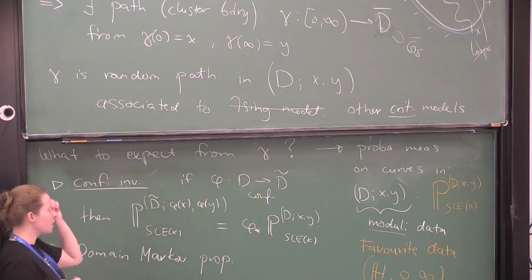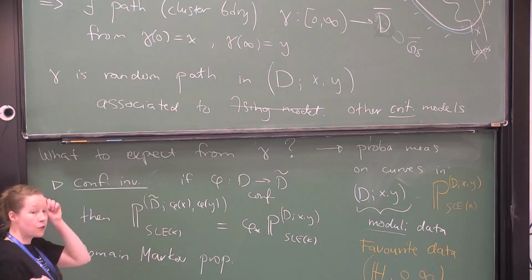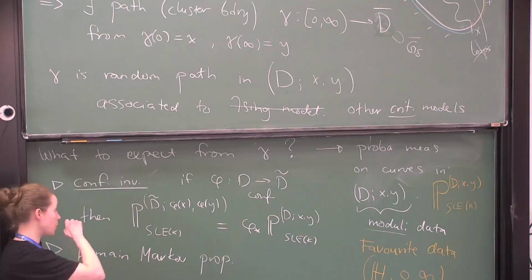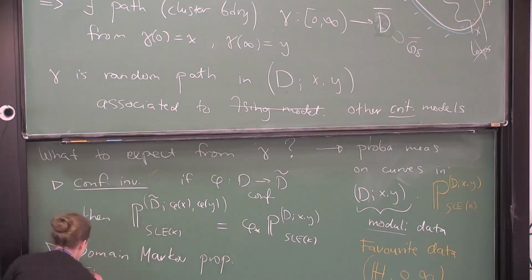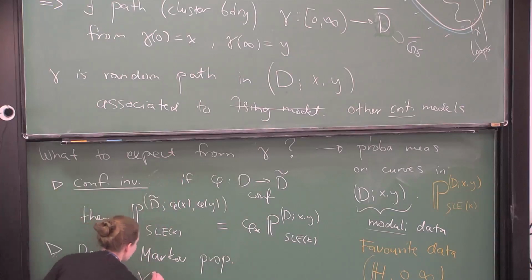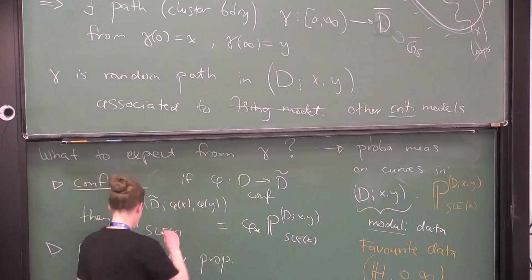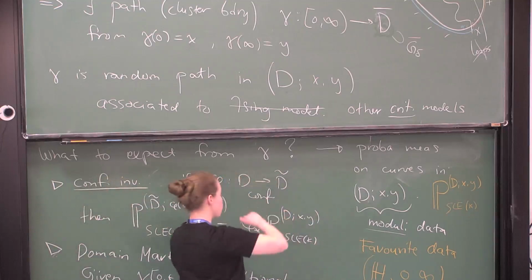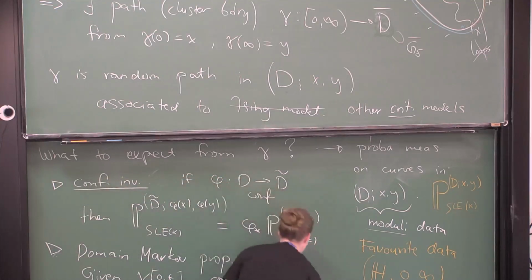So there's this conformal restriction idea that I wanted to also mention, but I need to wipe down some stuff before I can get there. So just quickly, what is this? This is some kind of exploration property. If I start from x and explore up to some time, this gamma, what does the measure of the curve look like after I discover some part?